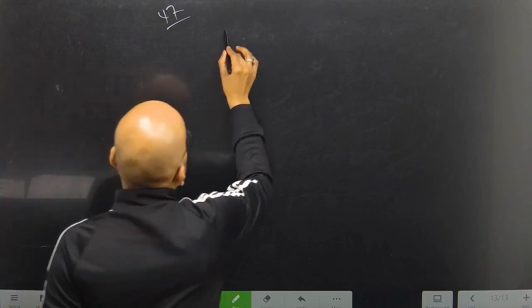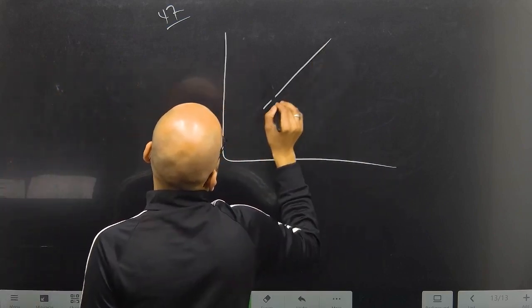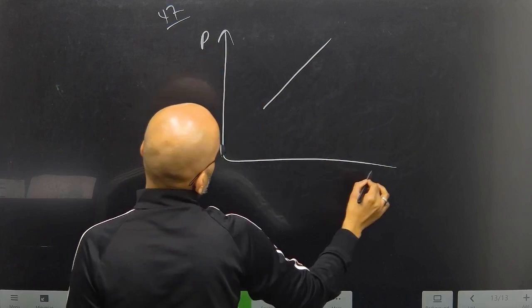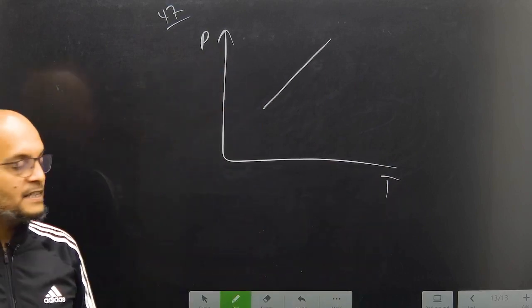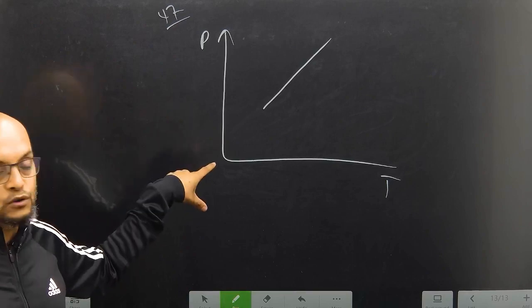So again, a PT curve is shown to us, pressure versus temperature. Pay attention. Something like this is the pressure-temperature graph. Now pay attention, they are asking you to recognize the process. A, it is saying isothermal.